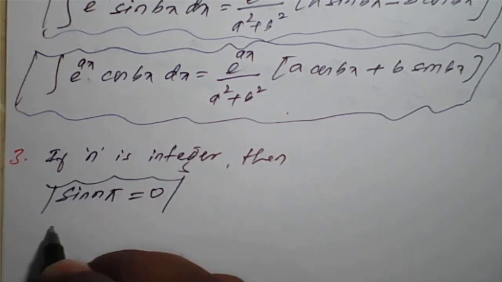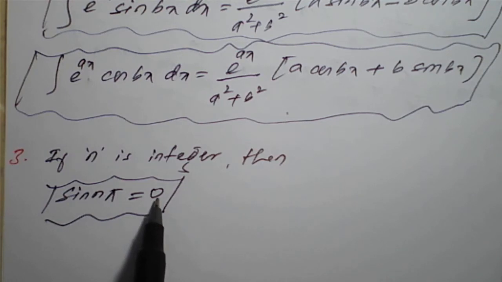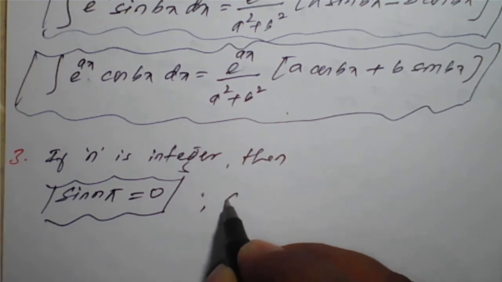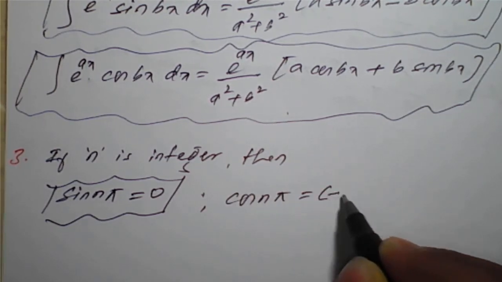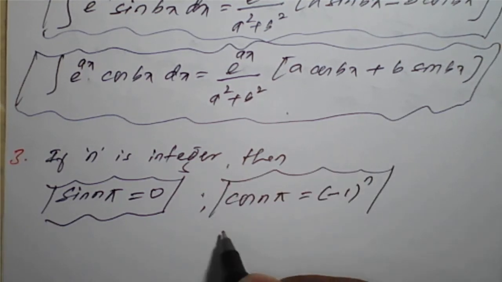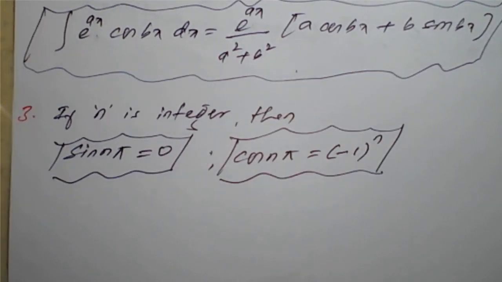All of you remember this result, sine of n pi will be 0. Next result, cos of n pi is nothing but always minus 1 raised to n.